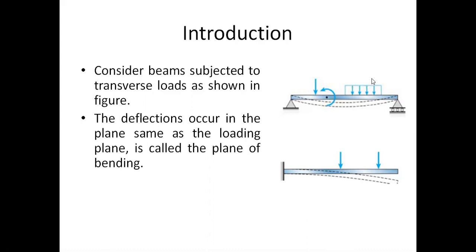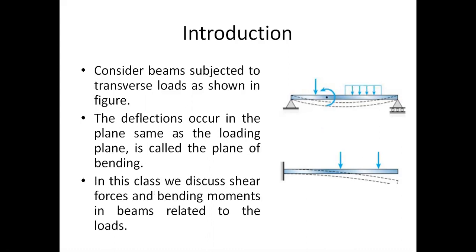The deflection that occurs in the same plane as the loading plane is called the plane of bending. If you see the loading here, the bending is also in that plane only, so it is called a plane of bending. Now, in this class, we discuss shear force and bending moments in beams related to the loads. We will go through this. So, this is what bending is.